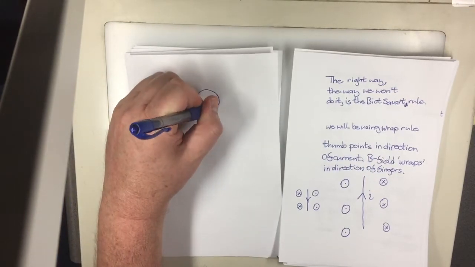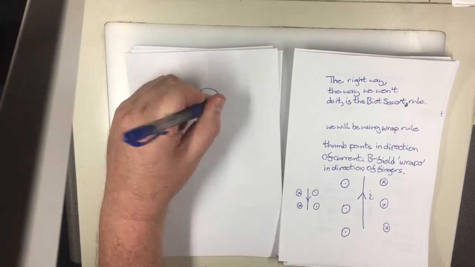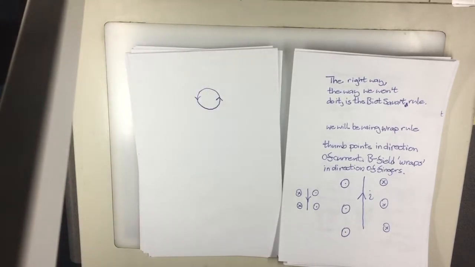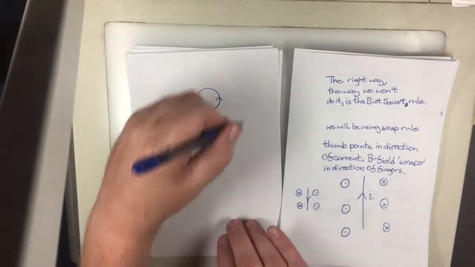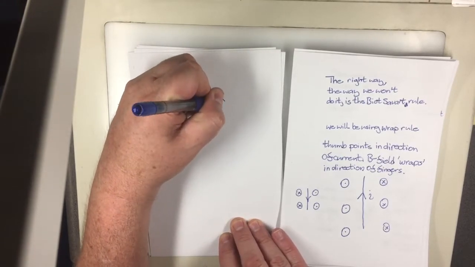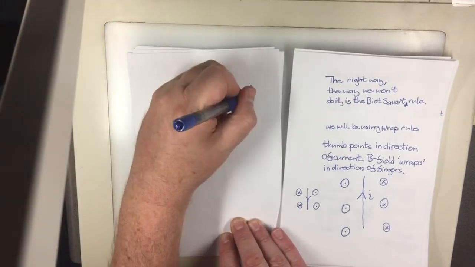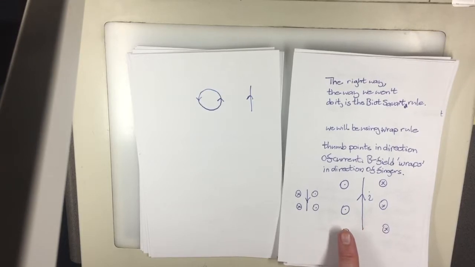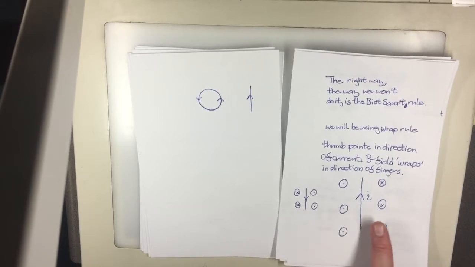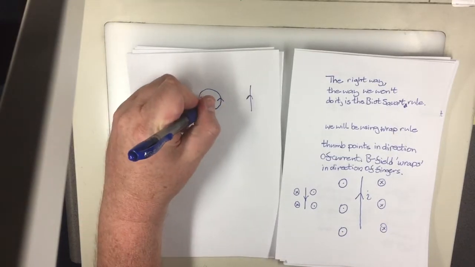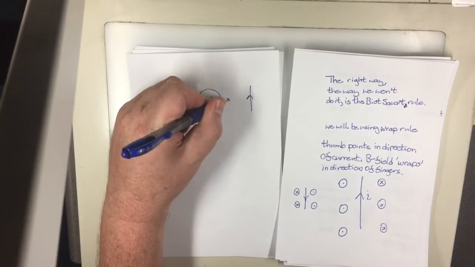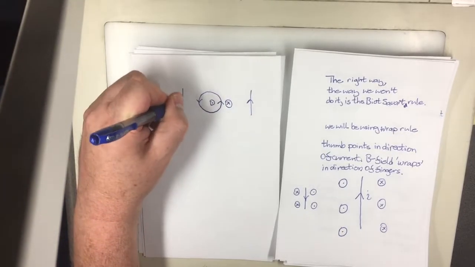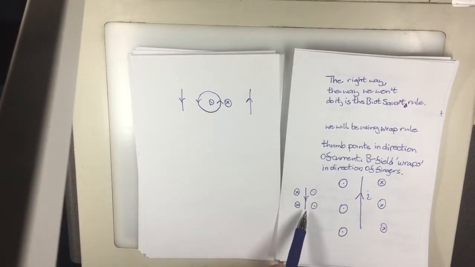In a circle, if the current is going counterclockwise, I think of this segment of wire right here as current that is going directly up. So it is out to the left and into the right. Wire going down is like this: out to the right, into the left.